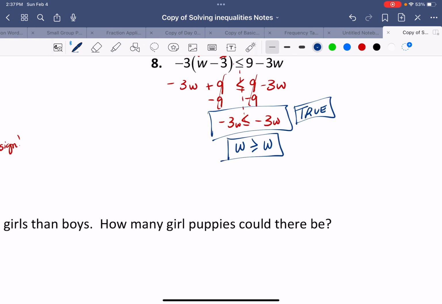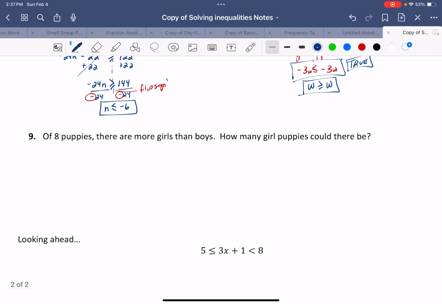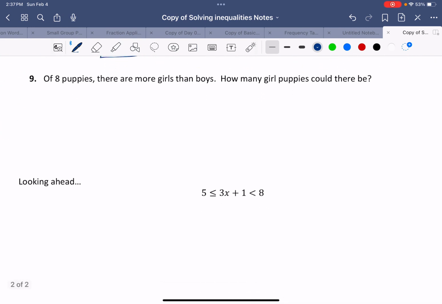All right, let's do this word problem. It's kind of tricky, so we'll go through it together, okay? When I look at this, it says, of 8 puppies, there are more girls than boys. How many girl puppies could there be? So this is kind of one of those logic problems that we need to think through. The biggest piece of advice I have is to make sure that you label your different variables, your question marks, basically.